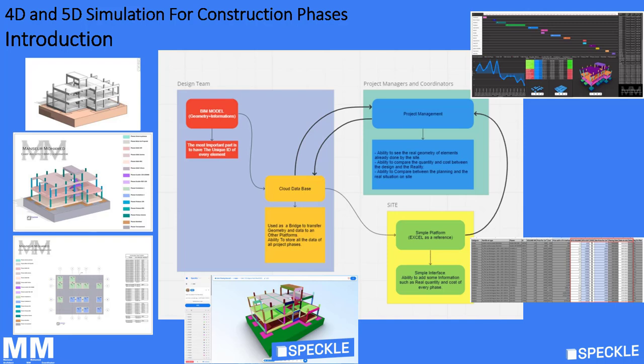Let's deconstruct the workflow into three distinct teams. Design team. The design team is responsible for utilizing BIM software to develop the model and incorporate all essential design information. A critical aspect is assigning a unique ID and geometry to each element within the project. Site team.